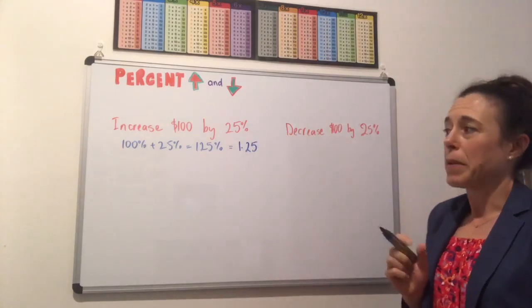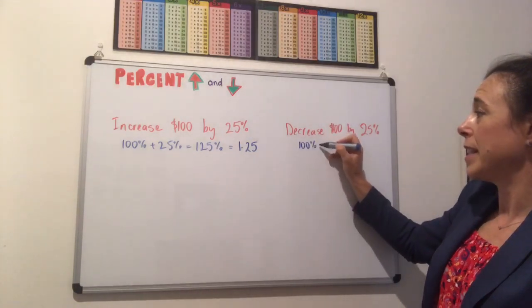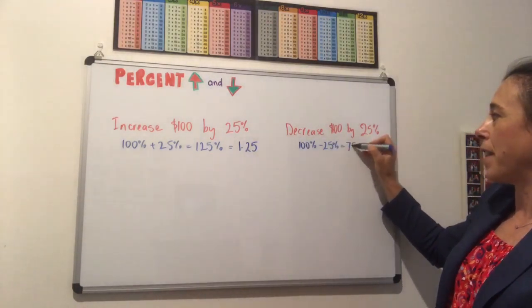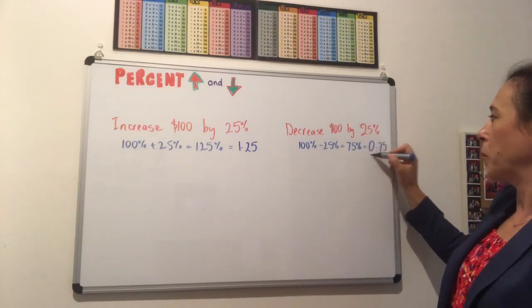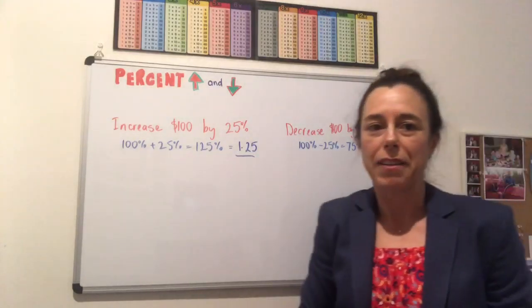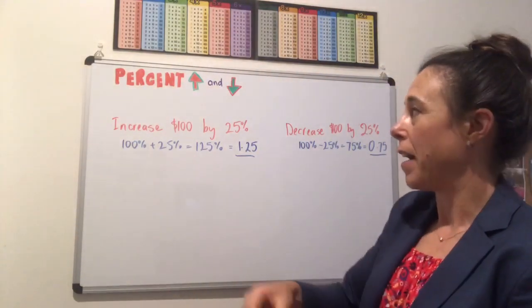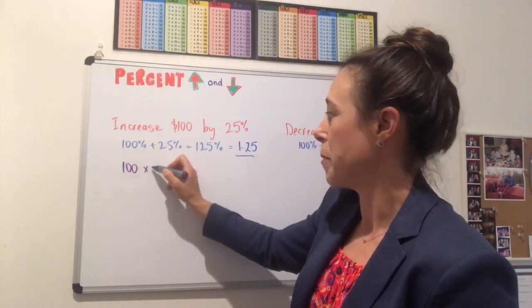When we're decreasing by 25%, we're going to have 100 take away 25%, which equals 75%, multiplier of 0.75.